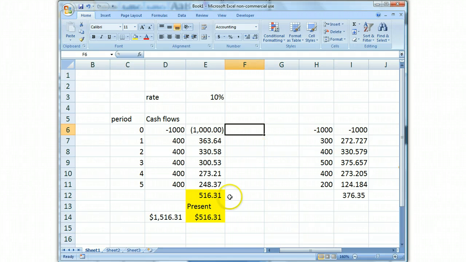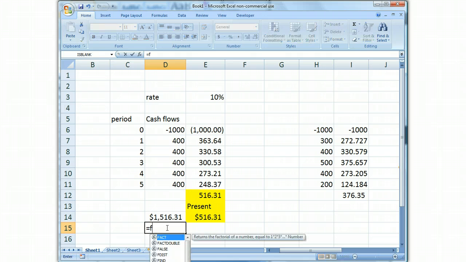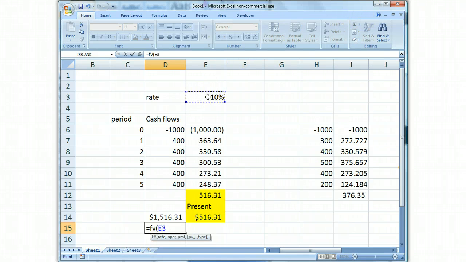Now what we could do is we can compute a future value as well, and the future value would be the future value of, again, the rate is 10%, the number of periods is 5, and the amount that we are depositing is 400.